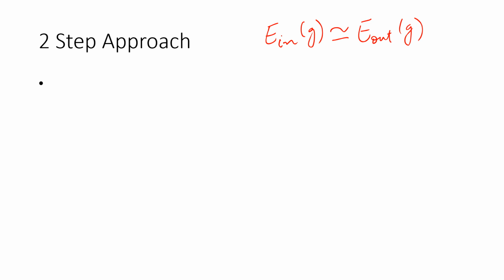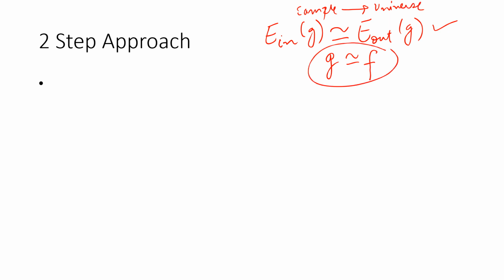We should know about that because if you remember, the learning problem was that my g should be as close to my learning target function as possible. So this by itself is not answering this question. Of course, we are able to reach out to the universe of data from our sample, right? So we are reaching from sample to universe, through this equation, but we are still deficient in terms of answering this question.